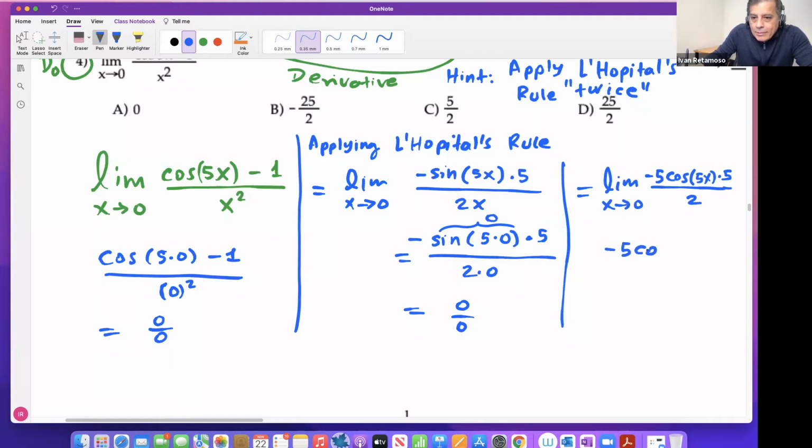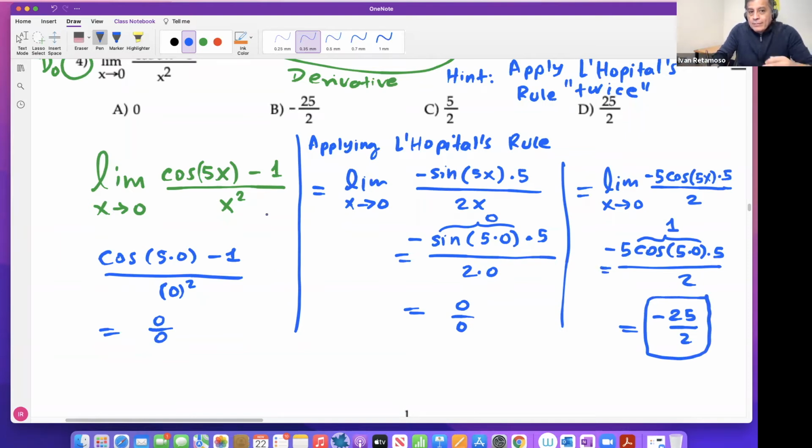This time it will work. Minus 5 times cosine of 5 times 0, times 5, over 2. This is cosine of 0, right? Cosine of 0 is 1. Minus 5 times 1, minus 5 times 5, is minus 25. The number 2 stays on the bottom, so this should be the value of the limit of that function, right? The limit of this is equal to this. All right, very good, guys. Excellent. This is it.